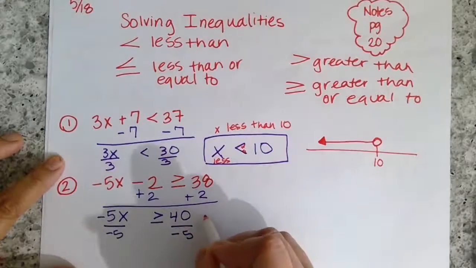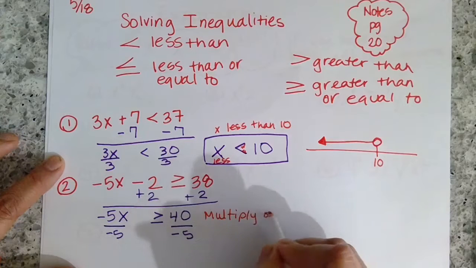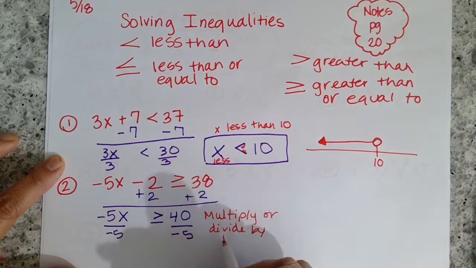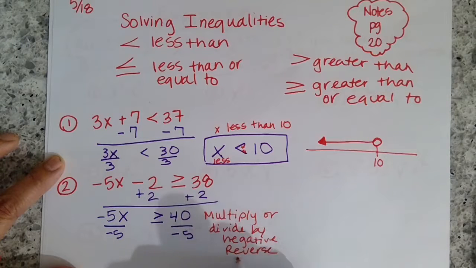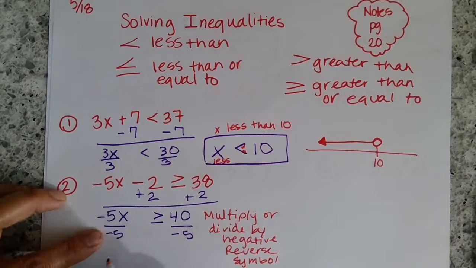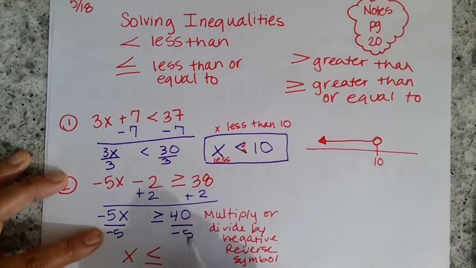So rule says if you multiply or divide by a negative, you reverse your inequality symbol. So this now becomes -5 divided by -5 is +1 or just X. Reverse your inequality symbol. 40 divided by -5 is -8.